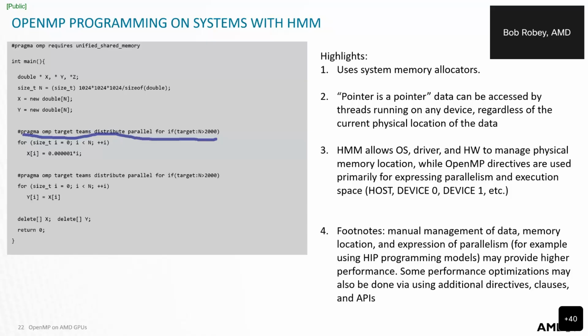And you might decide at the end of your port that you want to go ahead and insert the explicit data movement directives, and you might get higher performance from that. There's also some other ways you can do some performance optimizations by doing a prefetch of the data. We aren't going to go into that in this talk. Next slide.